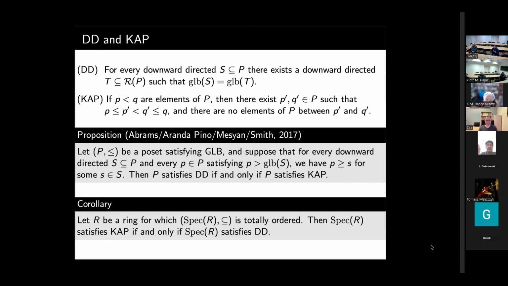Yeah, this one. When I read it, I got the feeling that in the proposition you assume the GLB and DC from the previous ones, and then you get this equivalence.